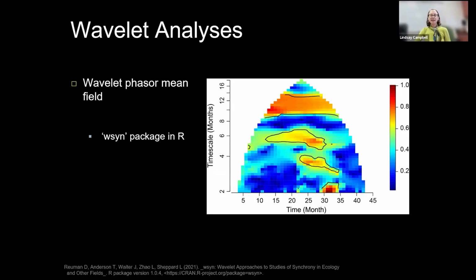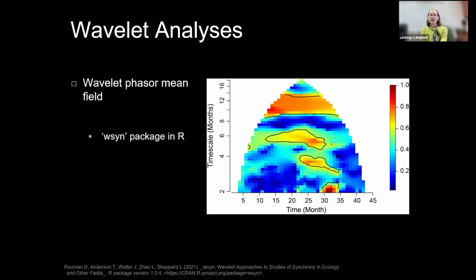I'll go ahead and orient everyone to this. What this is showing on the bottom is the full monthly time series of the data, the 2016 to 2019 time period across all 9 of the sites. The time scale on the y-axis is the decomposition of the synchrony across these different time scales.